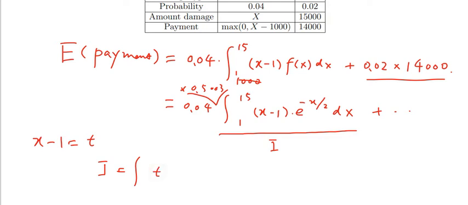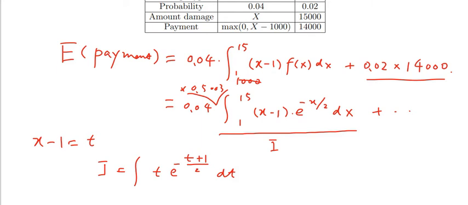Right. So this negative x equals t plus 1 over 2, right? So x is t plus 1, then put a negative here. Then dt.